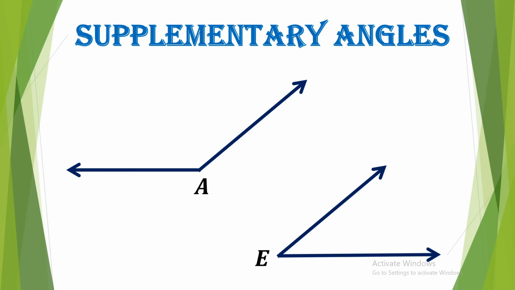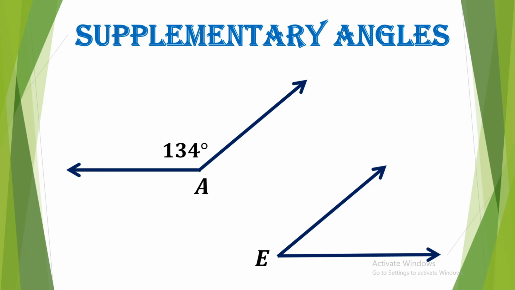We have here two angles, angle A and angle E. Take note, they are not adjacent angles because they do not have a common ray. But still, they can be considered supplementary angles as long as the sum of their measurements is equal to 180 degrees.